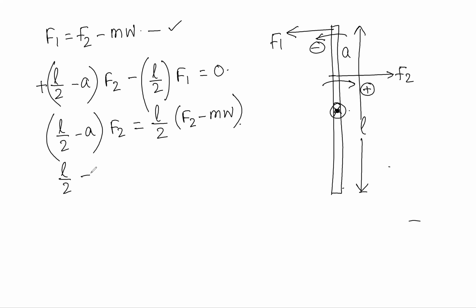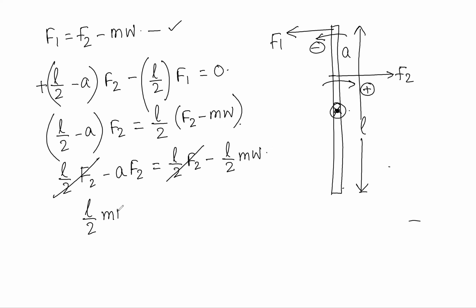L by 2 minus A, multiplied by F2, is equal to L by 2 F2 minus L by 2 MW. Just writing everything out. So it looks like these terms can cancel. So L by 2 into MW is equal to A times F2.